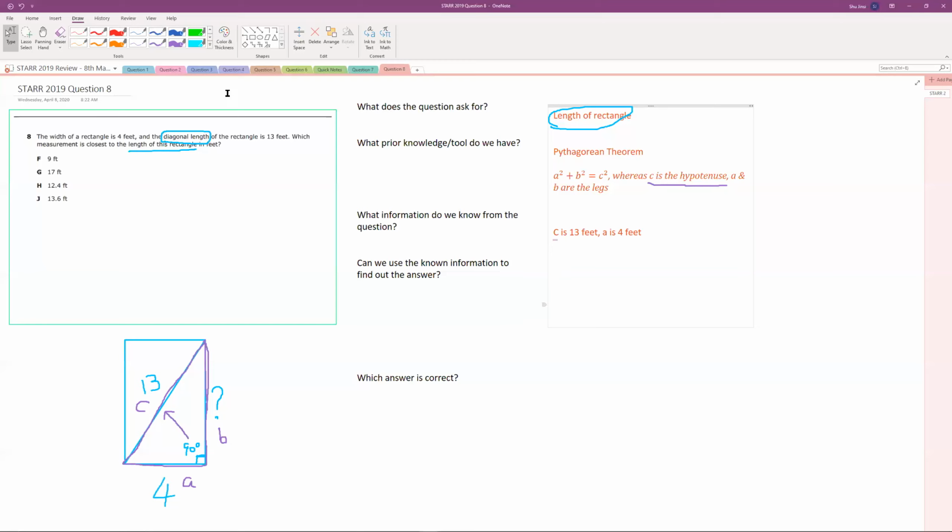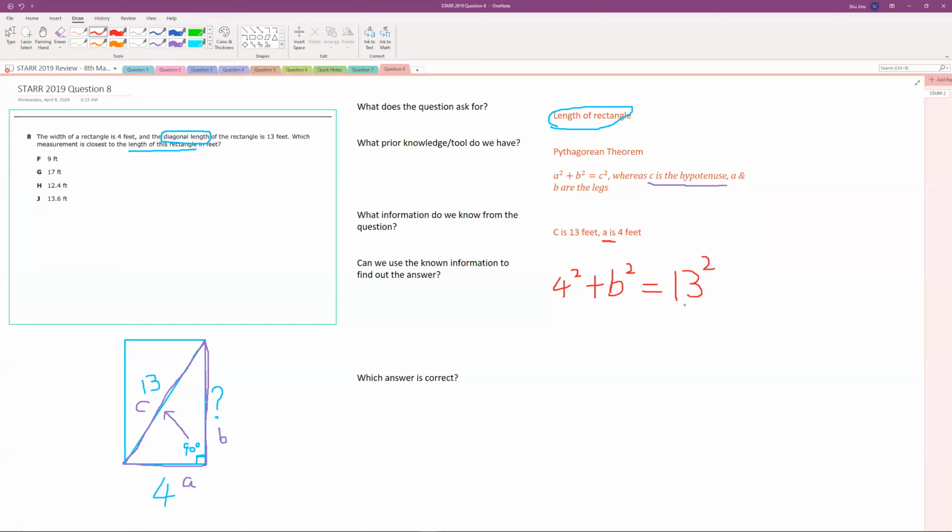So according to this Pythagorean theorem, we know a squared, which is 4 squared, plus b squared. B is the length, and we don't know b, so we just write down b squared. It will equal c squared. C is 13, so it will equal 13 squared.